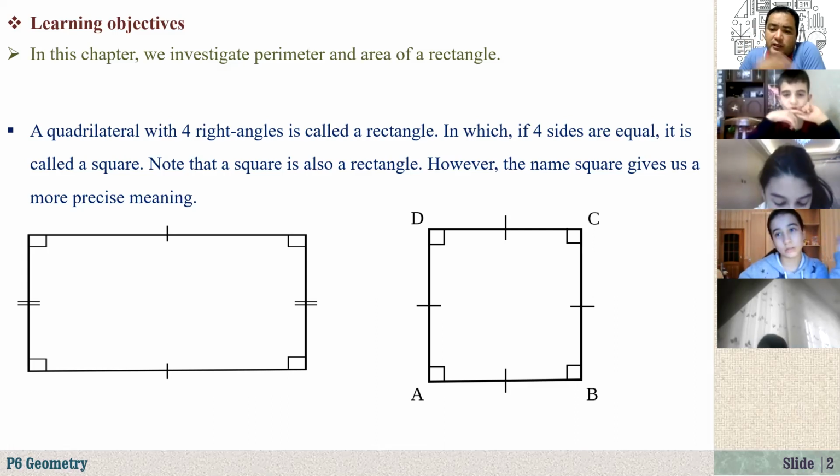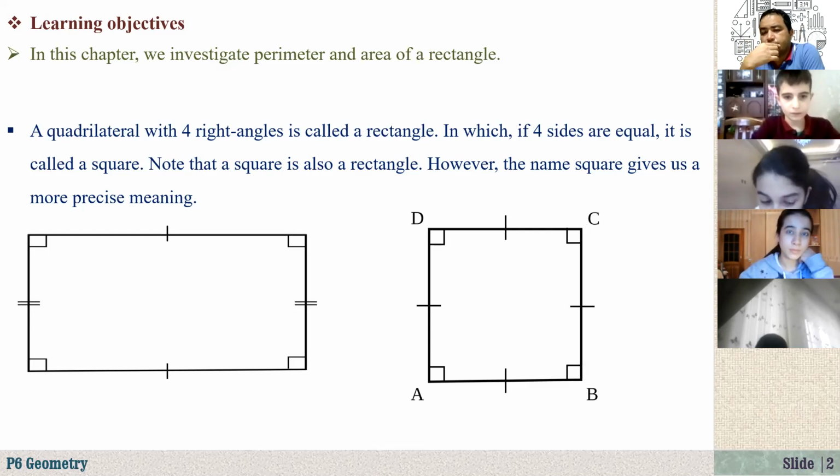Okay, triangle. Here we have a square, here we have a rectangle. Any other figure? Okay, triangle. What else? Rhombus. Okay, rhombus. What else?